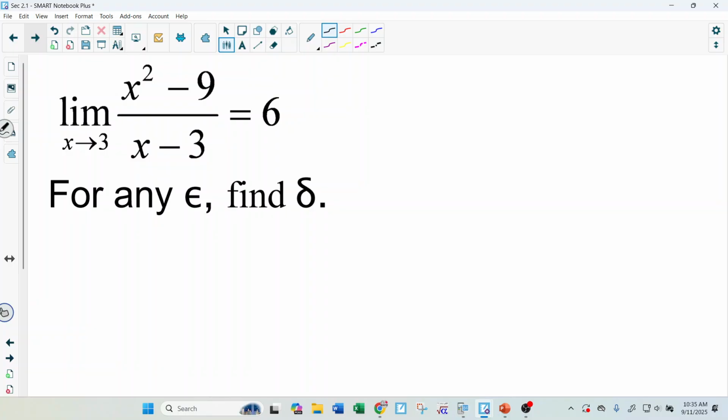If you substitute in 3, you get 0 over 0. Today we're not worrying about that. We'll talk about why later. But let's do our rules. We have |f(x) minus L| is less than epsilon. And what are we trying to get to down at the bottom?